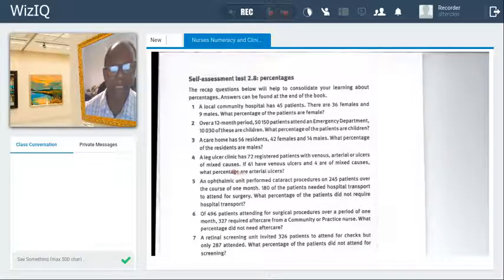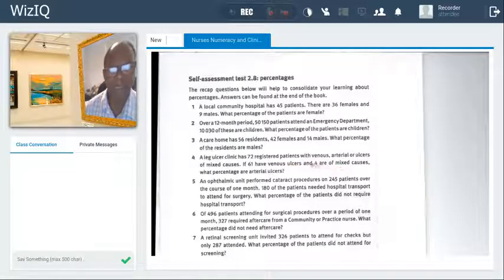So they are asking for arterial ulcers. Now, let's go back and see what it's talking about. In total, we have 72 registered patients who have venous, arterial or ulcers of mixed causes. So that's the total. Now, 61 have venous ulcers, and 4 are of mixed causes.